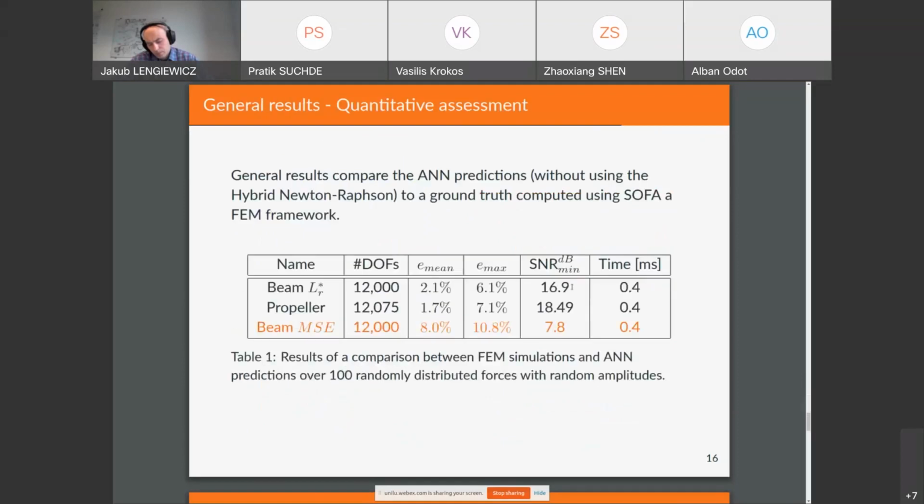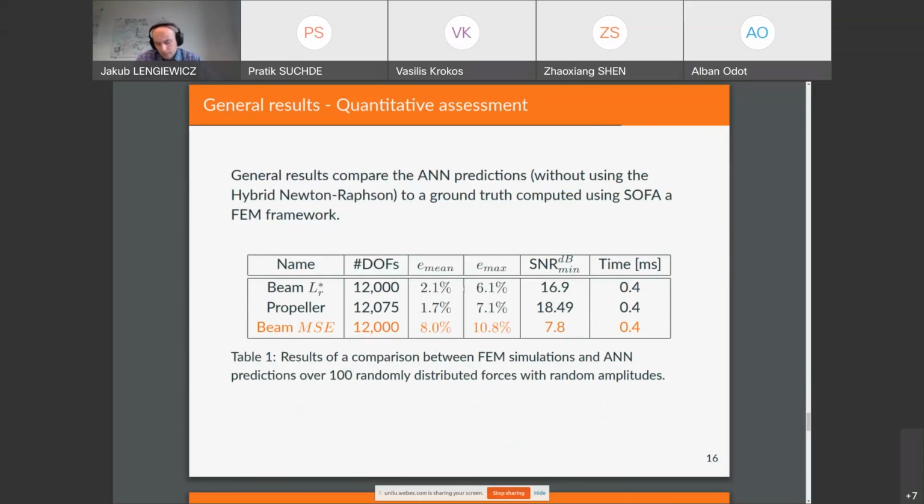So when we compare the results, first of all, we achieved the goal that we set about the accuracy of the prediction with 2.1% error and 1.7%. We set the goal to be around 2%, so it's quite nice.